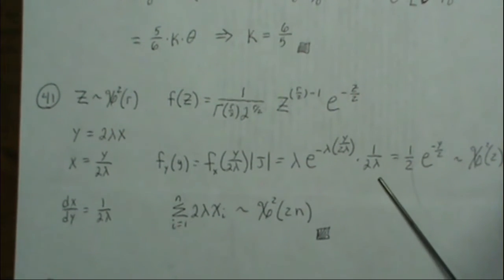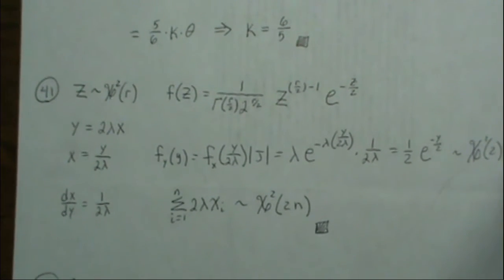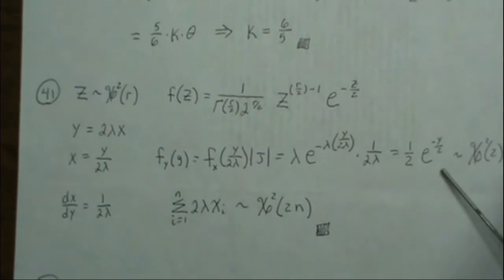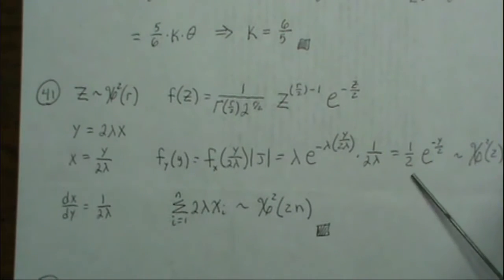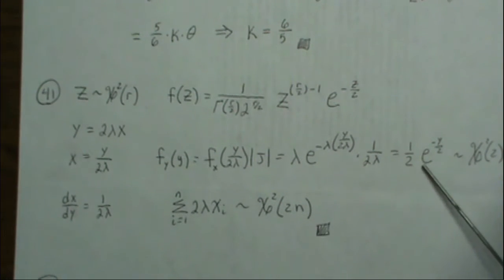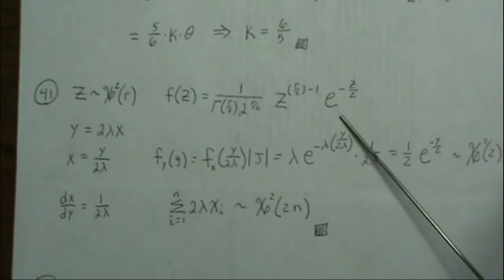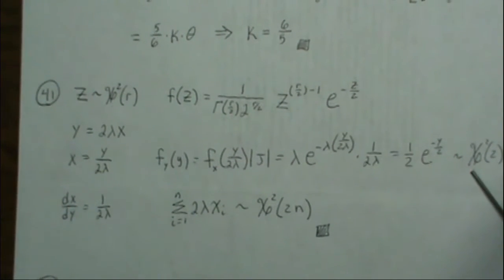And so we get this, and it reduces to this quantity here. Now this is a chi-squared with 2 degrees of freedom.